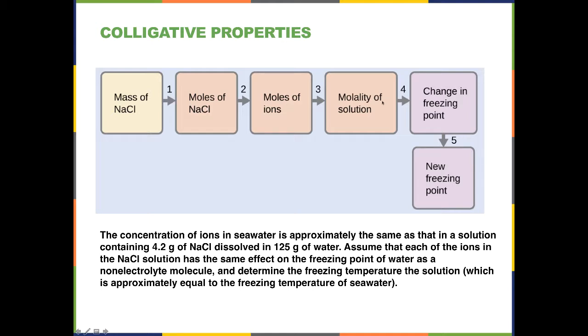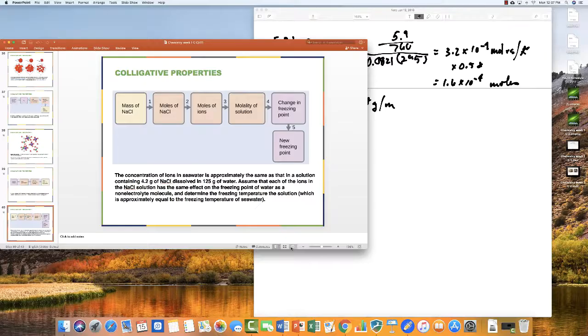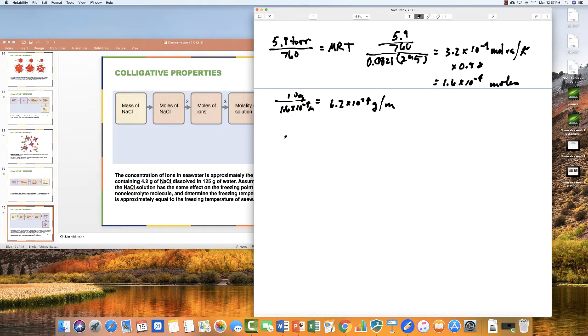Using that, we then find the molality, change in freezing point, and the new freezing point. So we're dissolving 4.2 grams of sodium chloride in 125 grams of water. So the mass is 4.2 grams of sodium chloride, and the molecular weight of sodium chloride is 58.5.